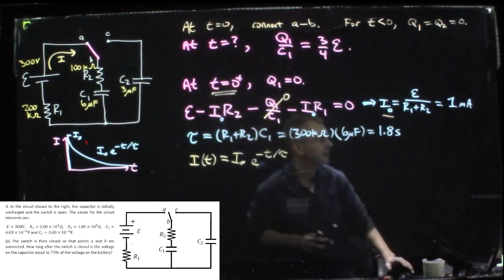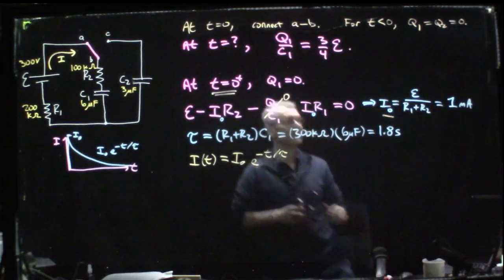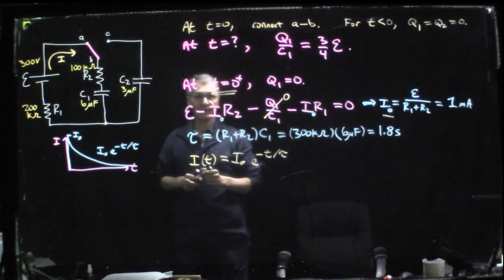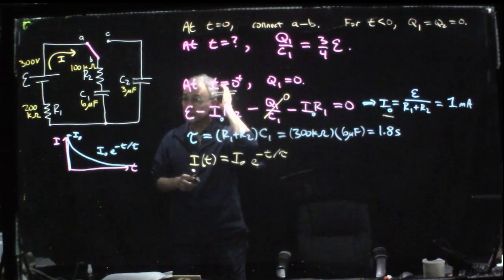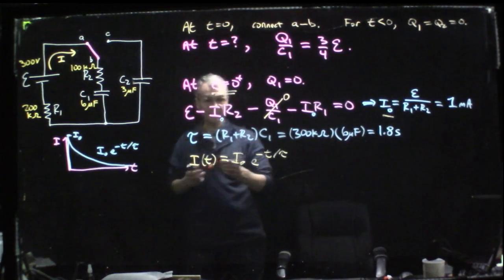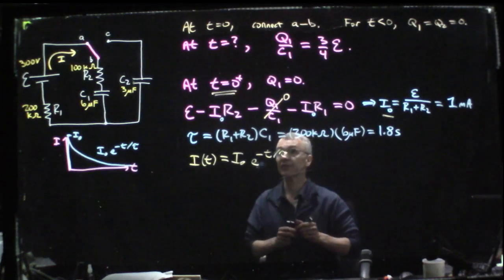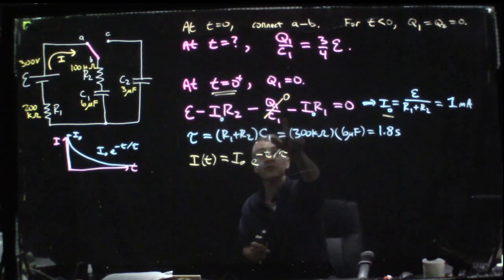And then we can say the voltage across the capacitor. This is probably not the easy way to do this. So, well, anyway, let's do it this way anyway. Okay, so then the voltage across the capacitor is just this quantity.